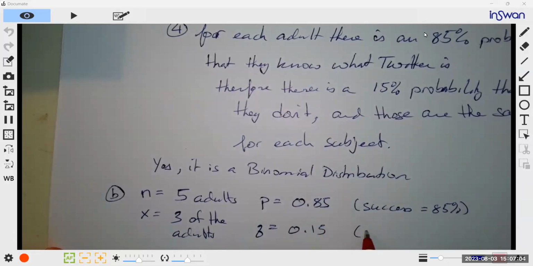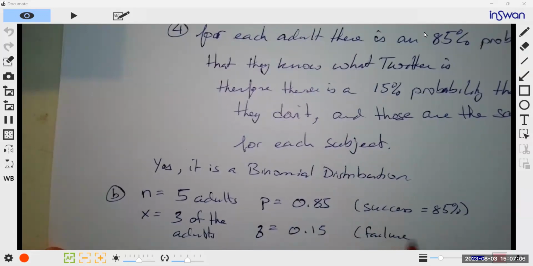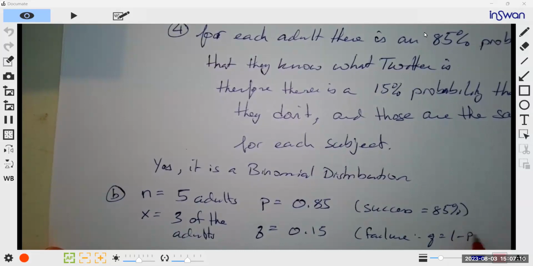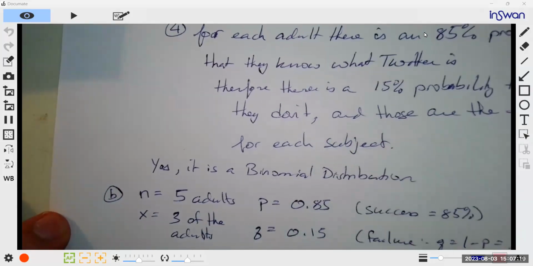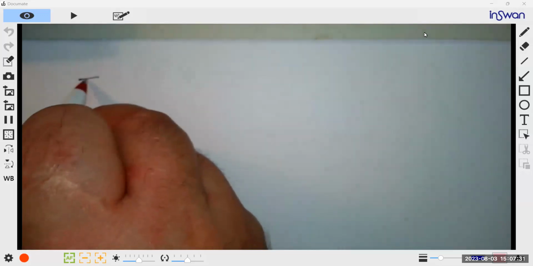That means failure, Q equals 1 minus P, which is 0.15. All right, let's go to the next topic.